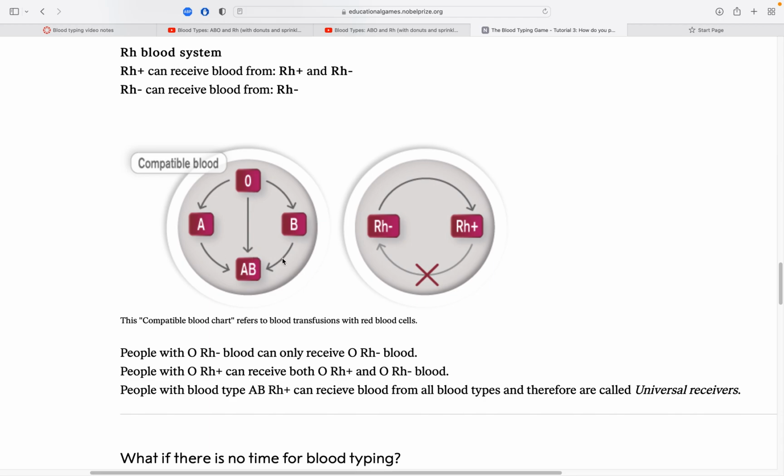O. AB has arrows coming from A and B and O. So a B blood person can receive blood from another A person, another B person, another AB person, or an O person. Someone that is O, there's no arrow going to it, so he can only receive blood from another O. It turns out that O blood type is the most common. About half the population has that.